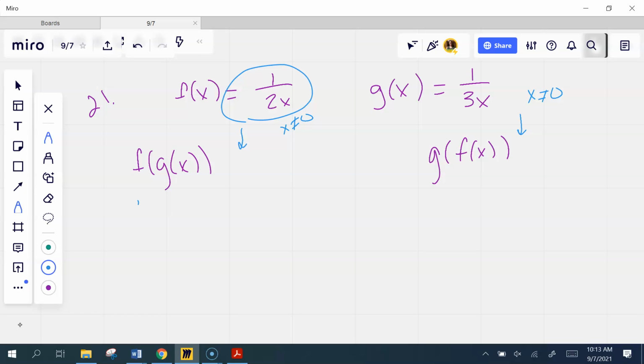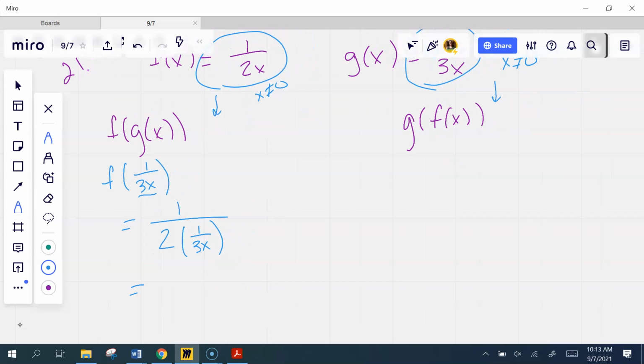Okay, so let's compose f of g of x. So g of x is going to be 1 over 3x, right? So I'm plugging 1 over 3x into the x in f. So 1 over 2, but it's not x anymore, it's 1 over 3x. Yes? Does everybody remember function composition?